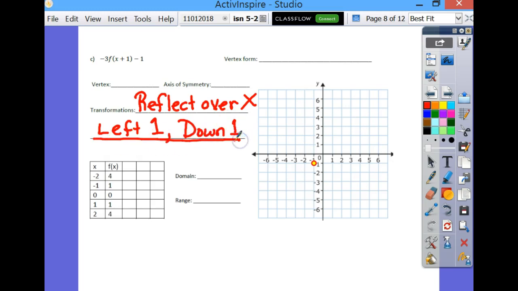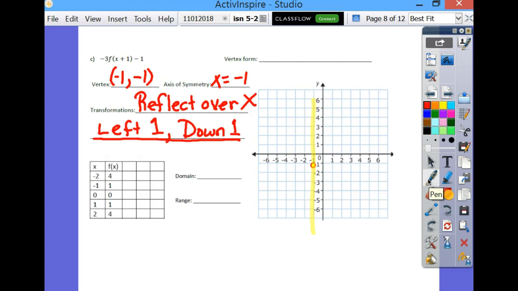This is what I'm going to do first. I am going to put my vertex point in the right place first. It starts at 0, 0, and it goes left 1 and down 1. And so my vertex point is at -1, -1. The axis of symmetry goes through the vertex point, and it will cross the x-axis at -1.